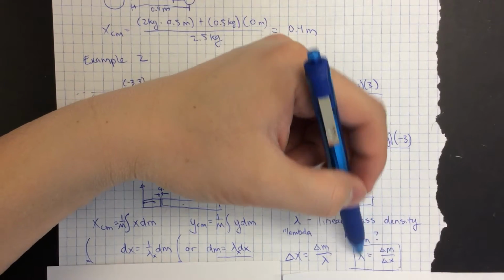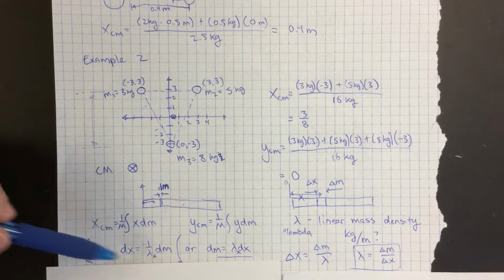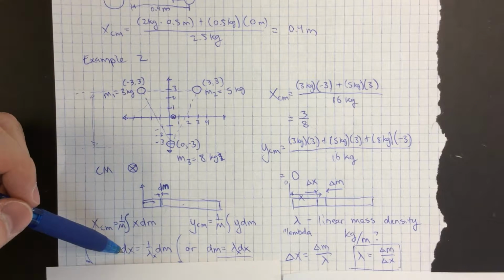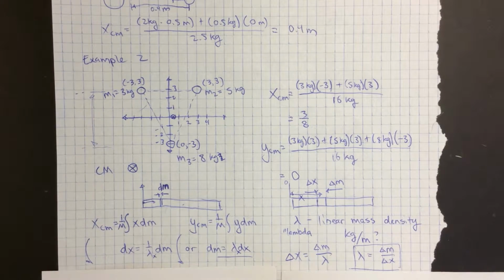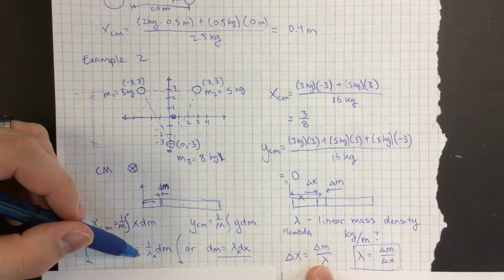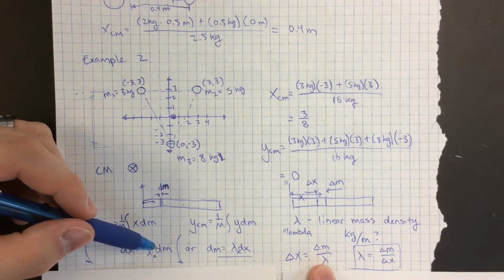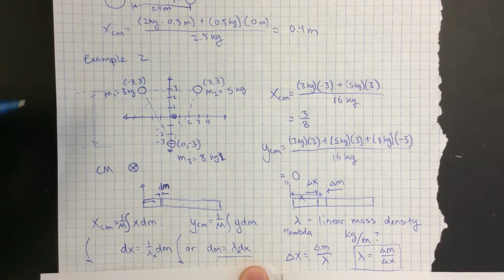So if we take this and translate it into calculus language, this is essentially the same thing. Right? A slice of x is equal to 1 over my linear mass density times a slice of mass, or my slice of mass equals my linear mass density times my slice of x. Same thing.